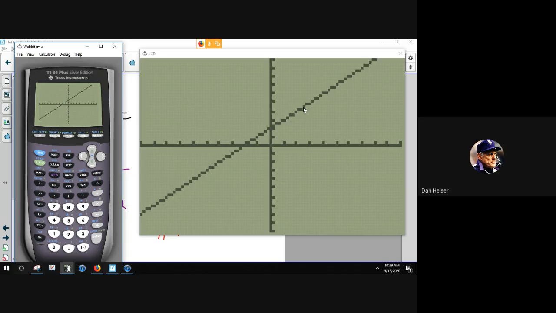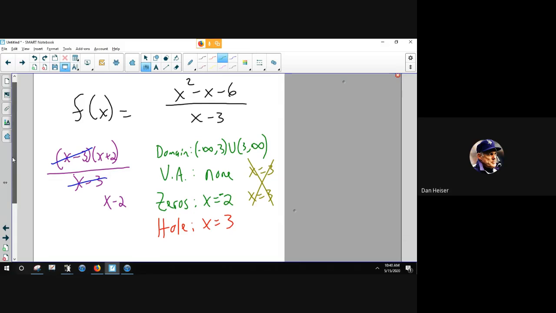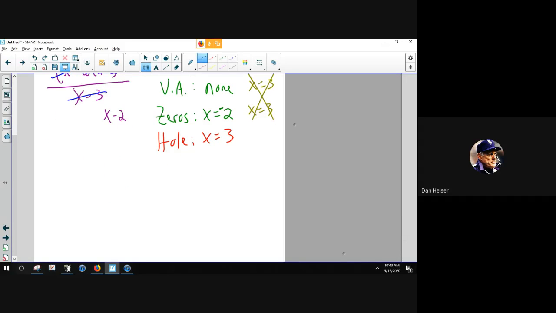There's a hole there that you just can't see. You just can't see the hole, but it's there. So here's a graph of that function. This is x equals 2. There you have it.